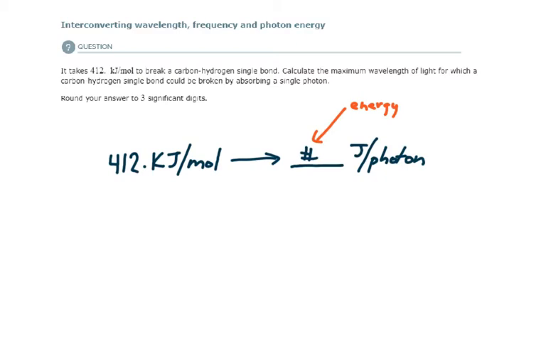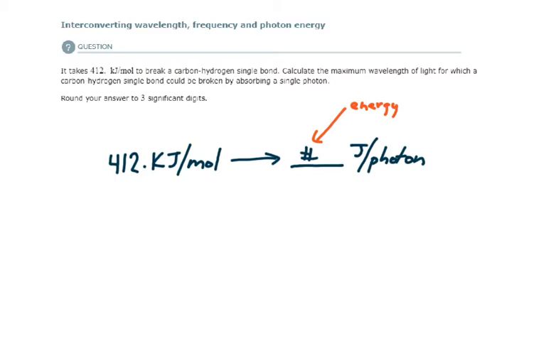And so in this problem that Dr. Dale worked, what we saw was that they were asking us to convert from 412 kilojoules per mole, and we converted this value in kilojoules per mole to however much energy that is, some number in joules per photon.